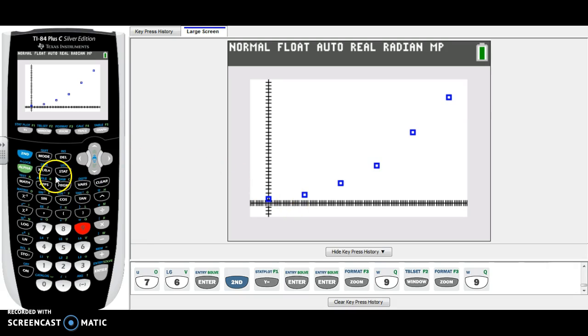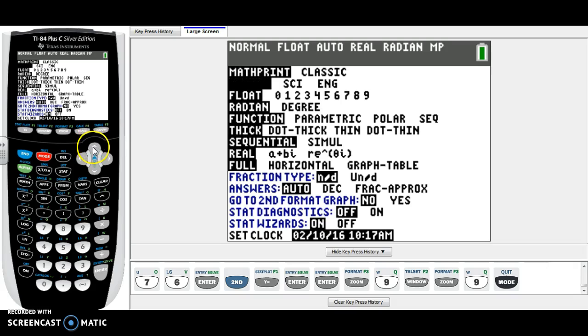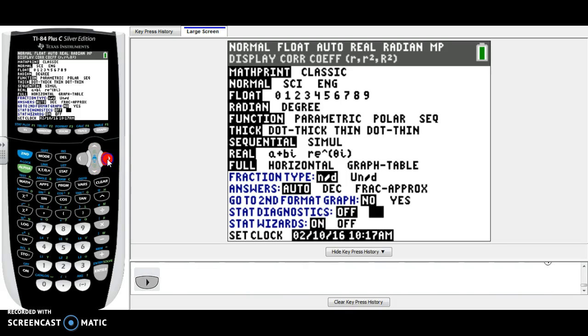So before we do our regression, remember we reset our calculator, so we need to turn our diagnostics on. If you press mode and then the up arrow, until you get to stat diagnostics, then over till it says on and press enter. That'll turn it on.